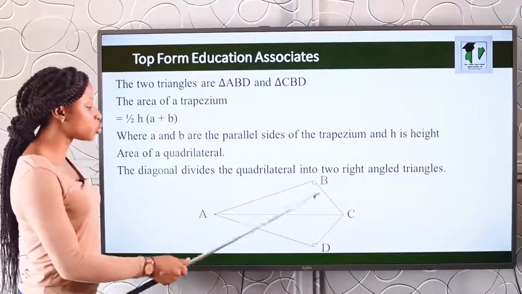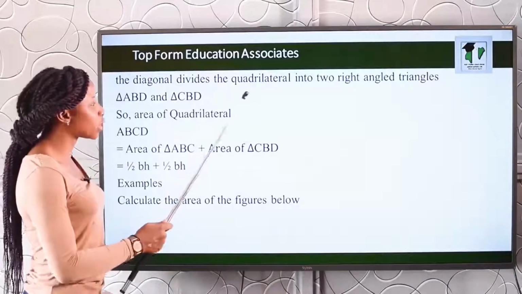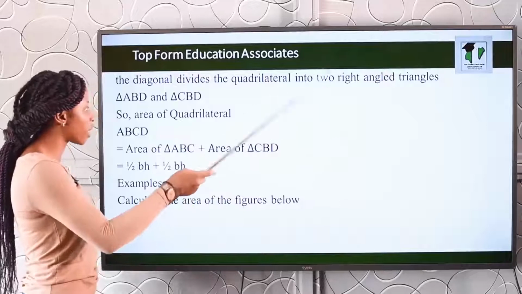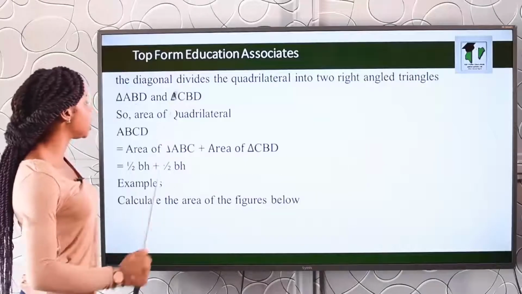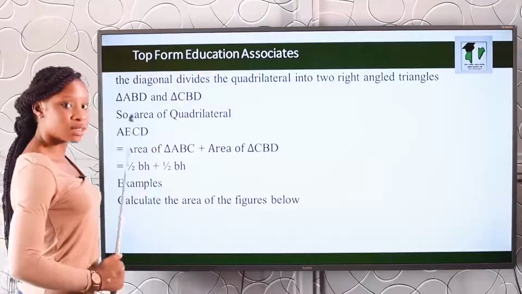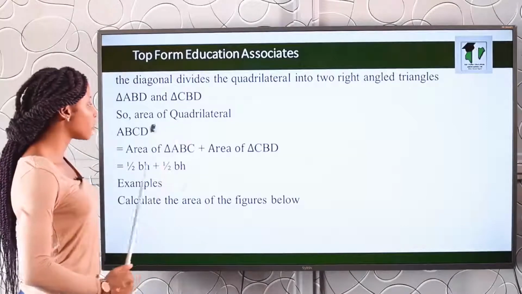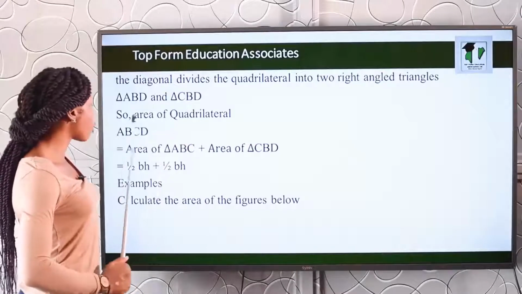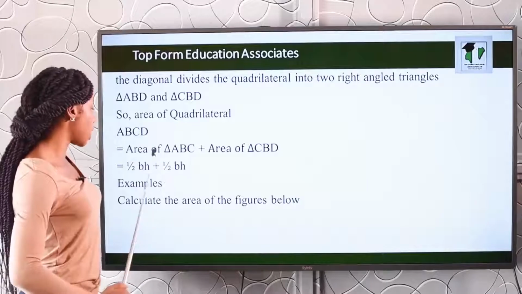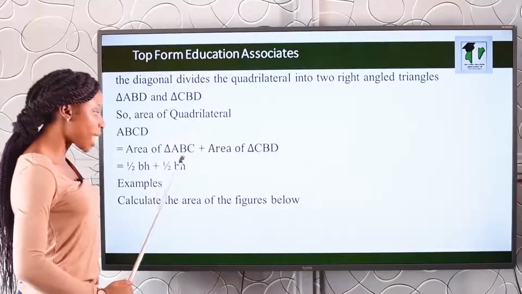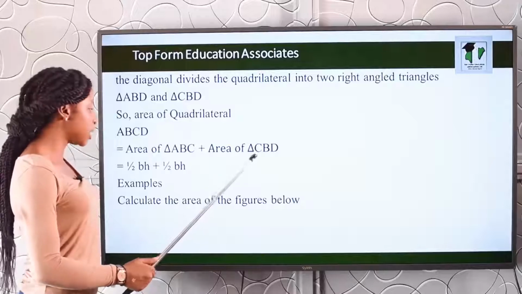If the diagonal divides the quadrilateral into two right-angled triangles, which are triangle ABD and CBD, therefore, the area of a quadrilateral, meaning having four sides, ABCD will be area of triangle ABD plus area of triangle CBD.